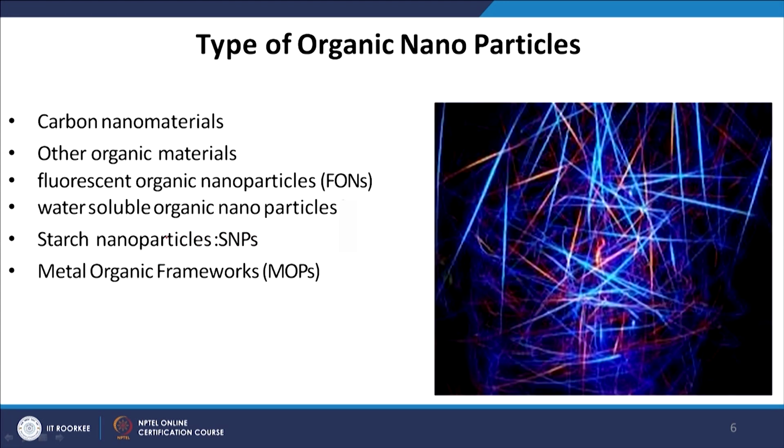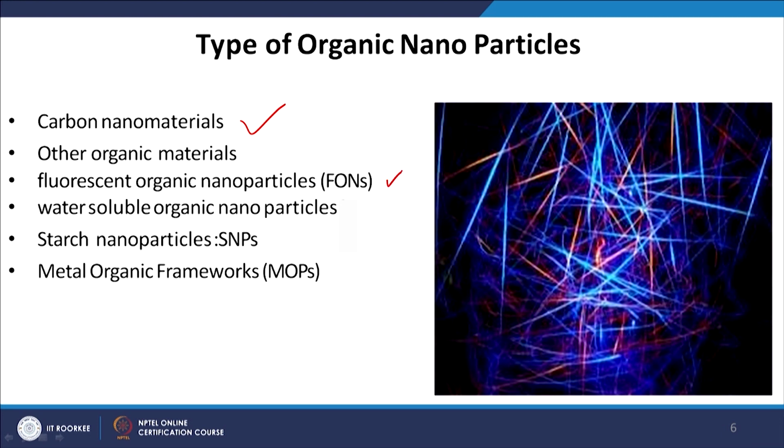Now, what are the different types of organic nanoparticles possible? One very common example is engineered carbon nanomaterials like carbon dots and graphene dots. Other organic materials are fluorescent organic nanoparticles, which can be luminescent or fluorescent, that means they can emit light. So, they will be useful for making LEDs or lasers.